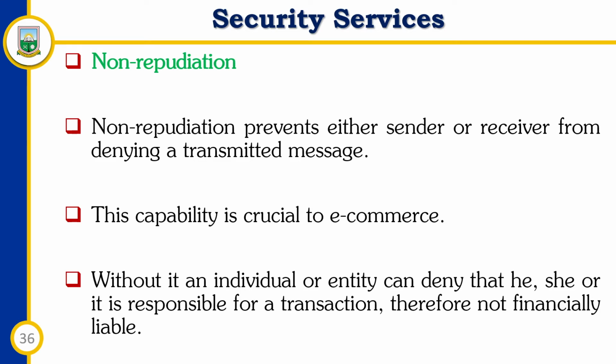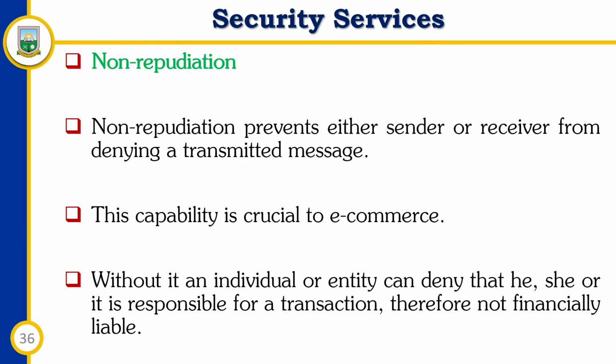So if you let your friend use your laptop, and your friend has a password to use your email to conduct some unlawful activity, because we have been able to track that it's your laptop, your IP and your email that were used to do all these unlawful activities, it becomes so difficult to deny that this was not really you, because your login credentials are supposed to be unique to you.